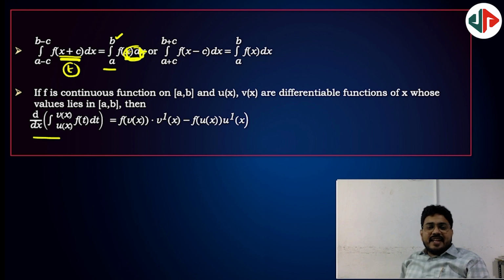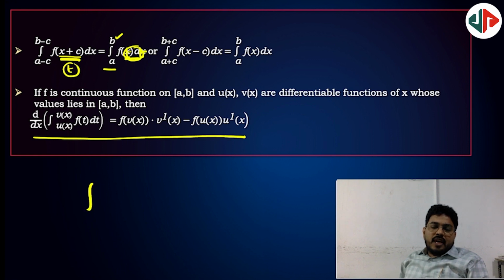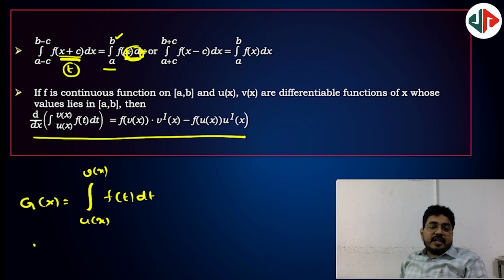And this is the derivative of the integration of the function. For example, you have the integral from u of x to v of x of f of t dt. This is going to be g of x. Now I want the differentiation.